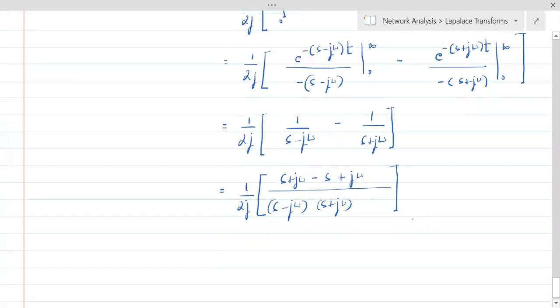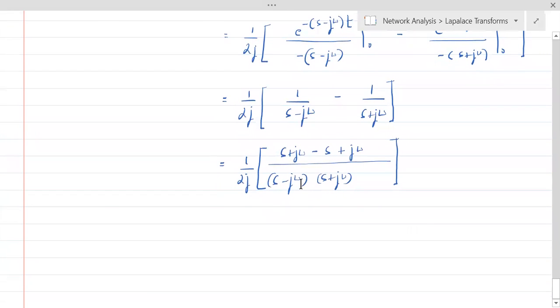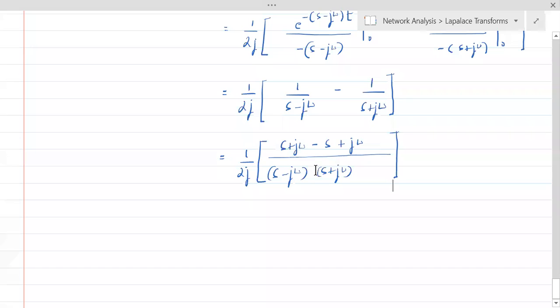What is the denominator in the form of? s minus j omega and s plus j omega, like a minus jb into a plus jb. What is it going to be? It is going to be s square plus omega square. You can see it that way.